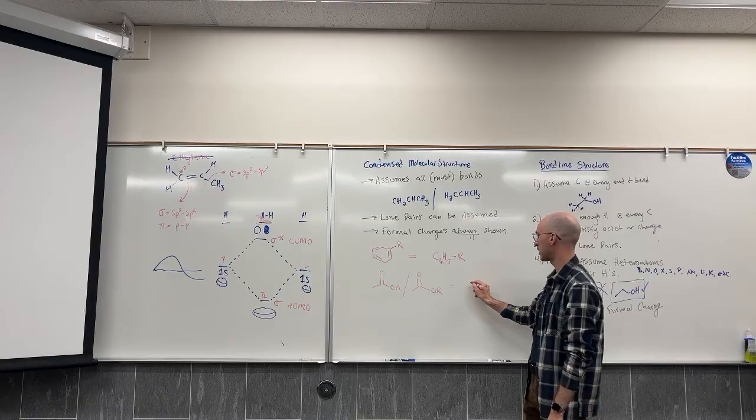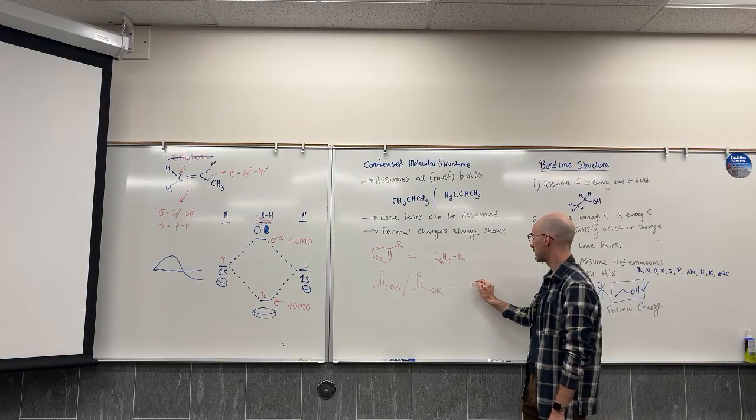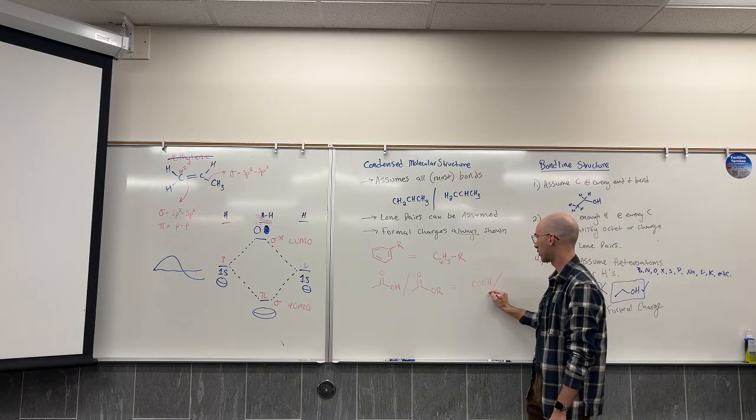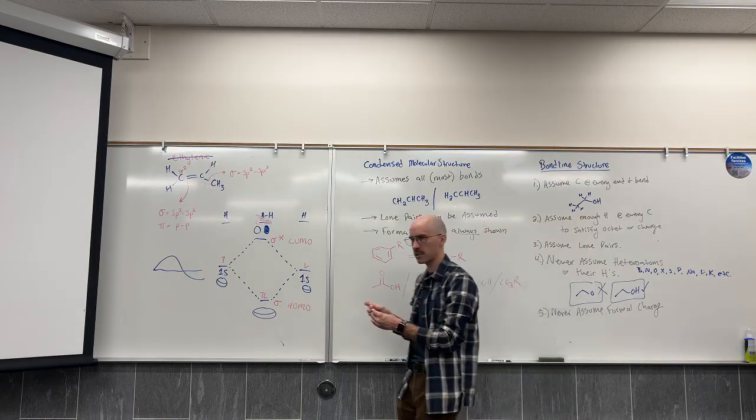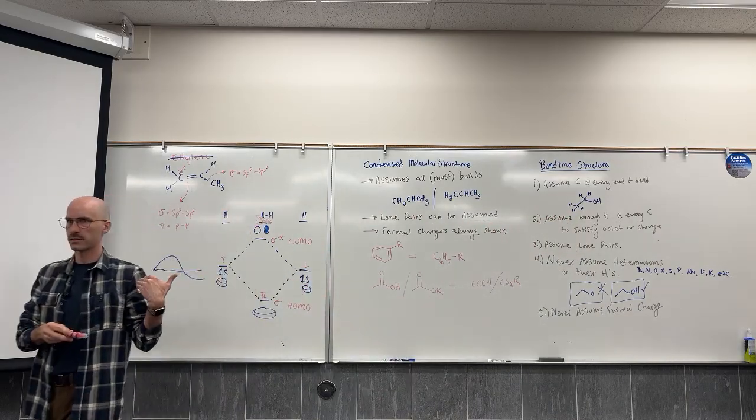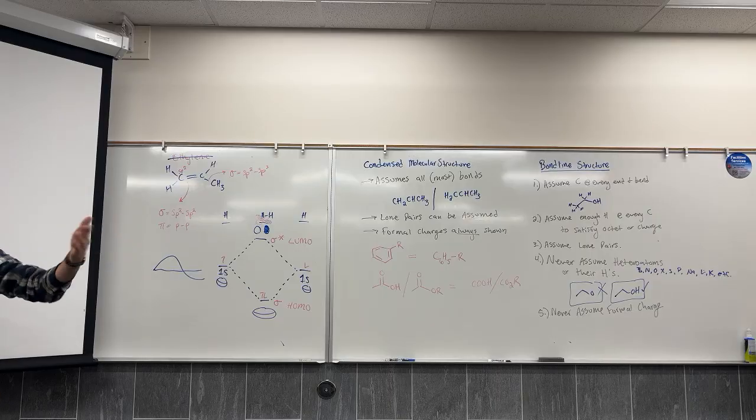We can abbreviate these as COOH or CO2H. So I'm just going to demonstrate those two ways. COO something or CO2 something. You guys okay with that? Both of them are perfectly acceptable.